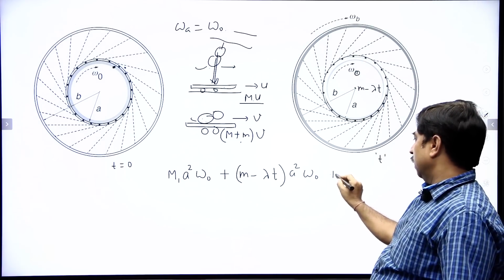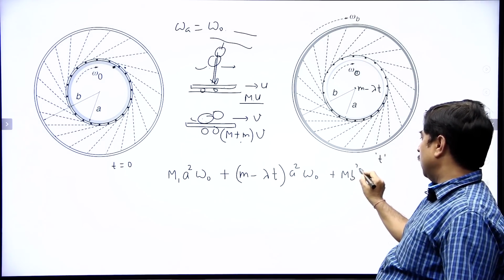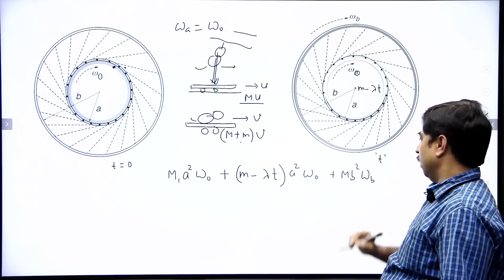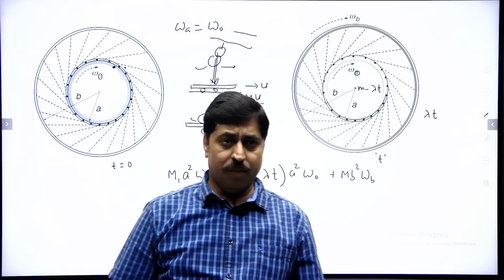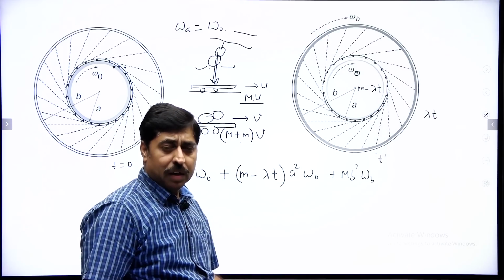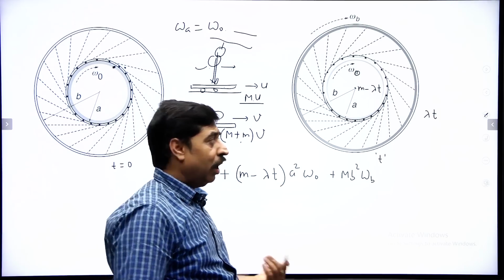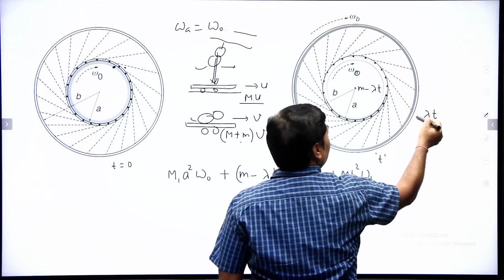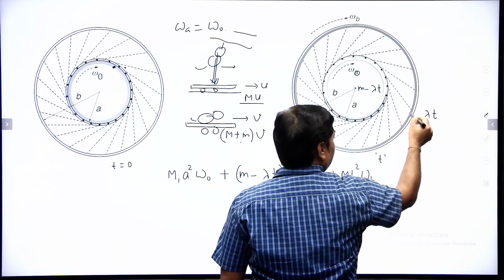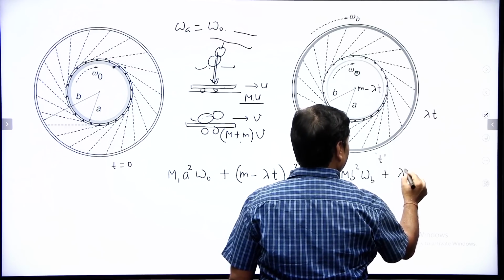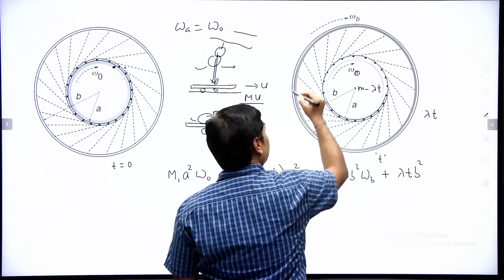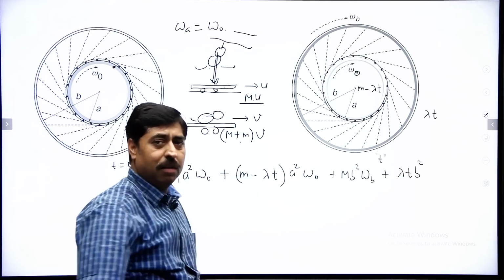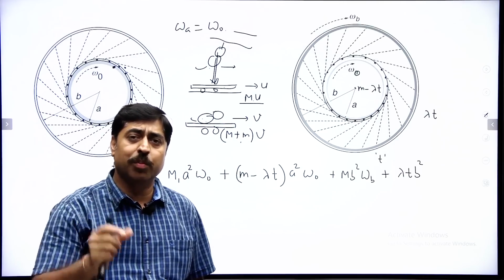Let us say the outer drum has angular speed omega b. So m b square is its moment of inertia, into omega b, that is its angular momentum, and this much amount of sand has piled up here. So for sand we will write lambda t m b square. Again, this sand is also nothing but a thin cylinder, so its moment of inertia is m into b square.